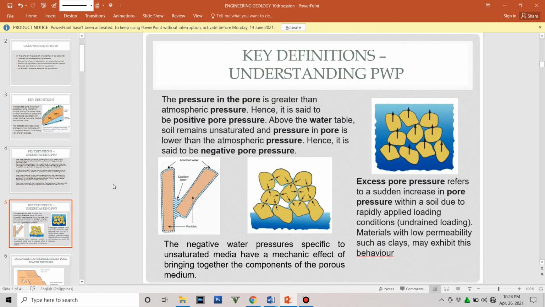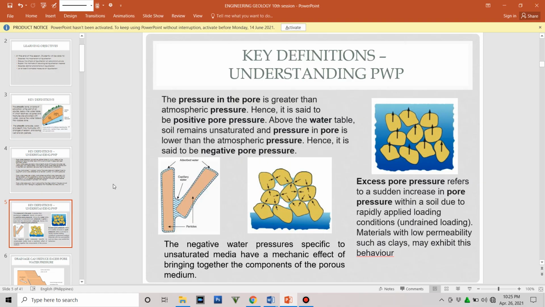The negative water pressures specific to unsaturated media have a mechanic effect of bringing together the components of the porous medium. Pero, pag nasobrahan yan, it will completely fill the water and it will burst out, separating those particles.